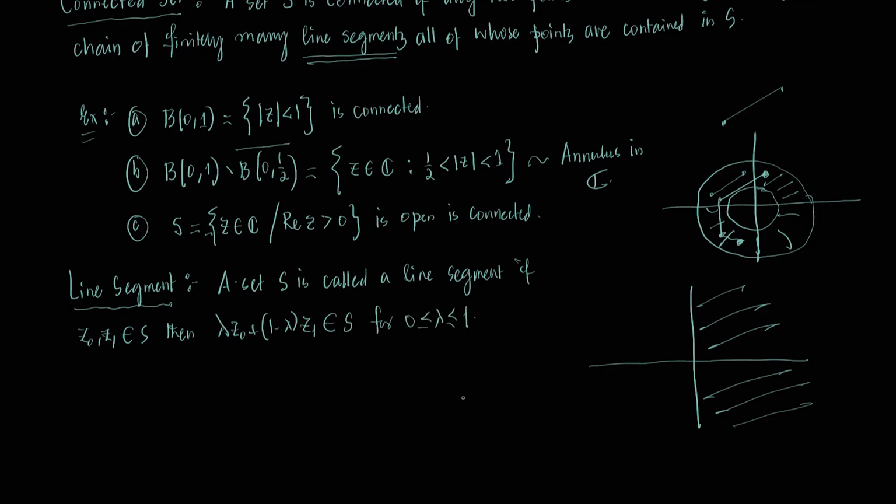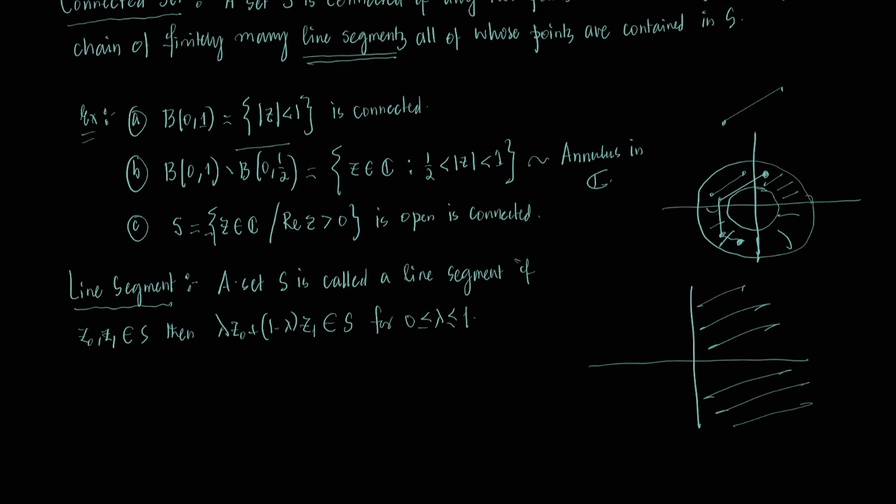So essentially what I am trying to say is this. Let's say this is a line segment, a straight line. You take any 2 points in the complex plane, z0 and z1, then any point in between z0 and z1 should always lie on S. That is our definition, and that is what we are going to use as a line segment.